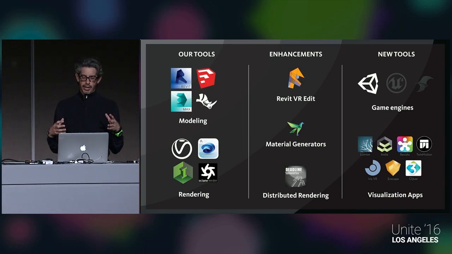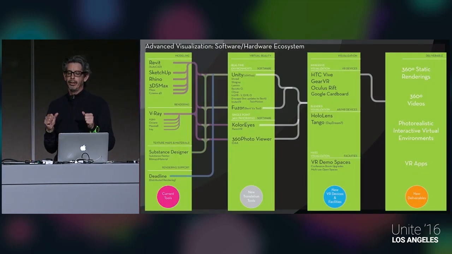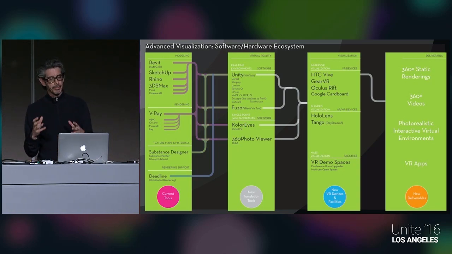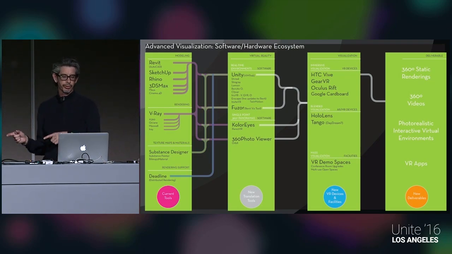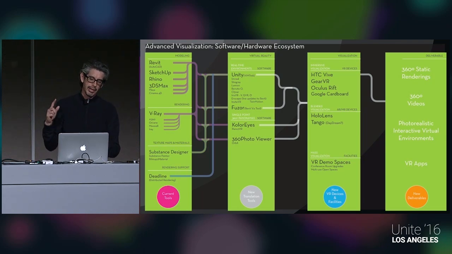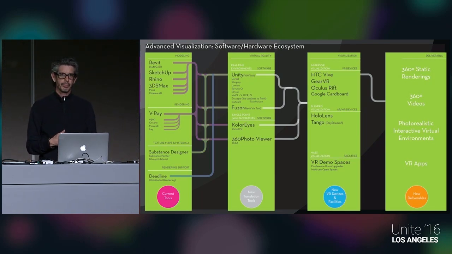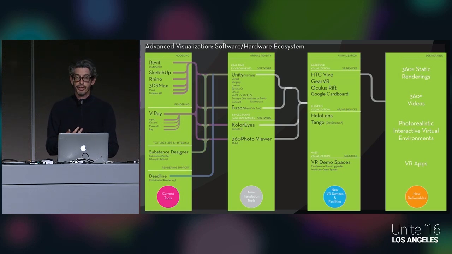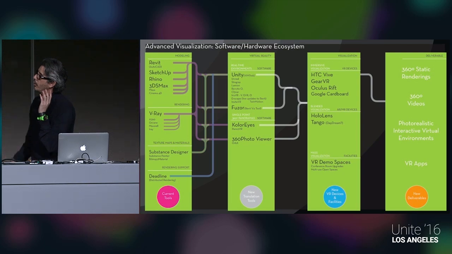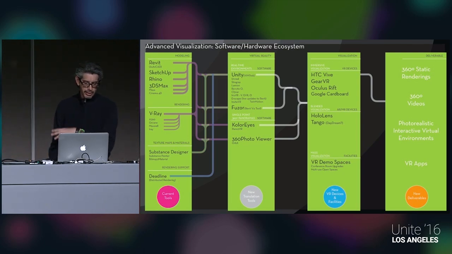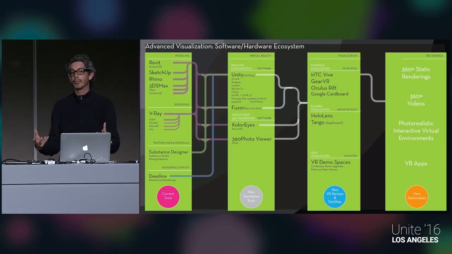And so this software ecosystem is supported by a roadmap. And this roadmap is slightly partial. It's just hitting the high points of all of the applications we use, but also how we use those applications and how we support those applications with things like procedurally generated materials and distributed rendering, and how our traditional tools go into our new translation tools and how those new translation tools have an output to hardware, and from that hardware what we're able to deliver as new deliverables for our clients.